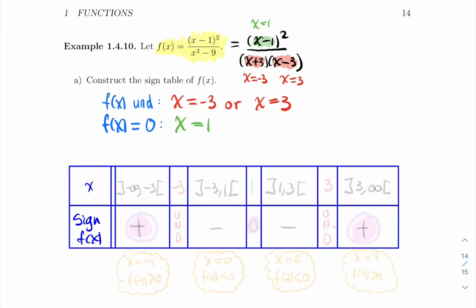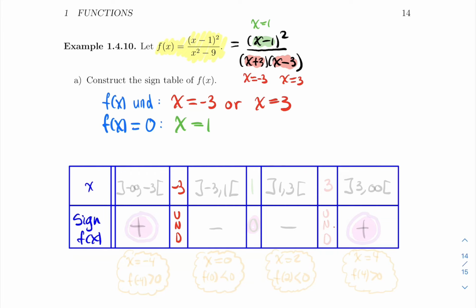So 2 rows for your sign table: 1 row for the x's, 1 row for the sign of f of x. Always leave room for before and after the first column. The first column is minus 3, because the function is undefined there.